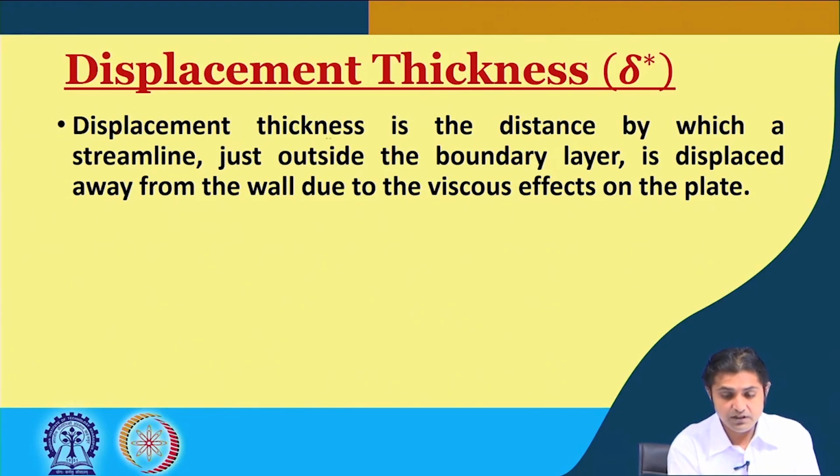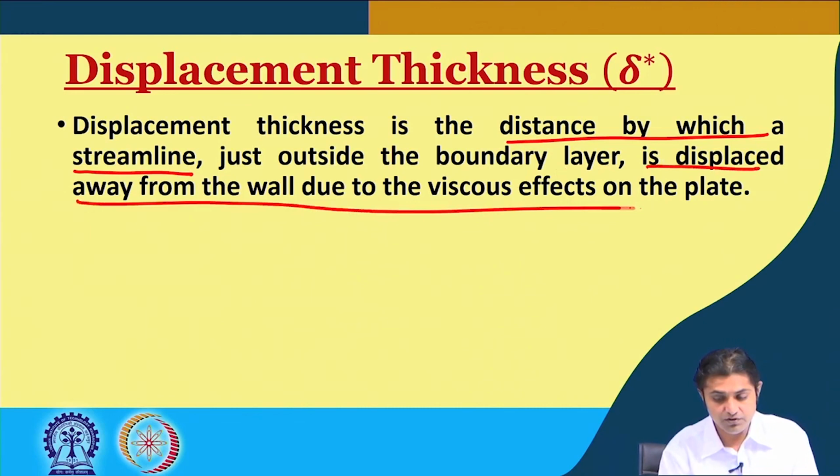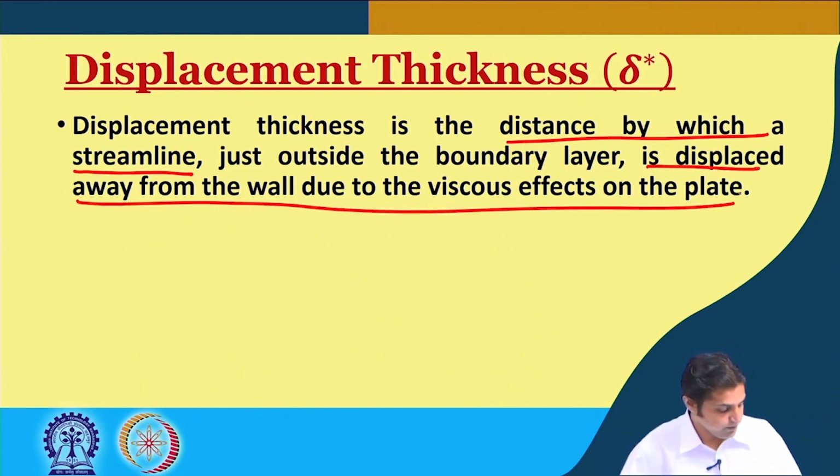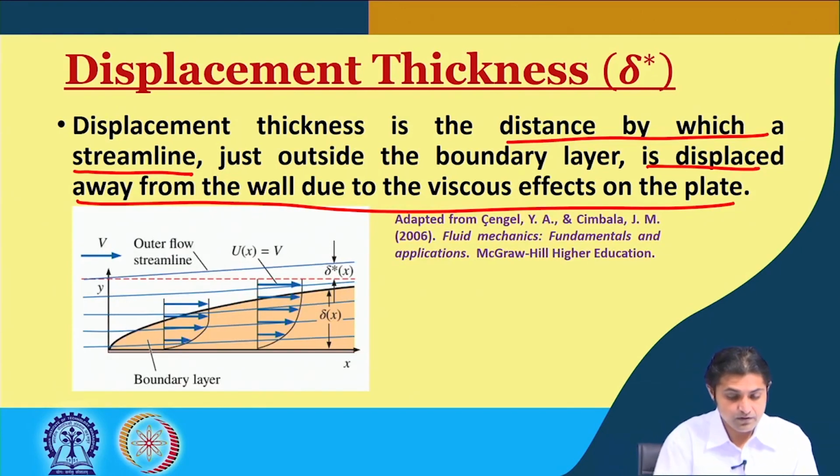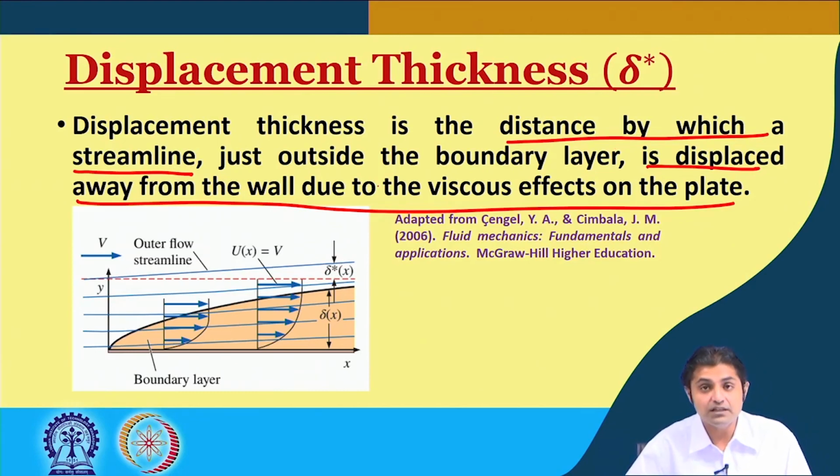So, displacement thickness is the distance by which a streamline which is just outside the boundary layer is displaced away from the wall due to the viscous effects on the plate. This is the boundary layer. Again, look at the definition: distance by which a streamline just outside the boundary layer is displaced away from the wall due to the viscous effects on the plate.